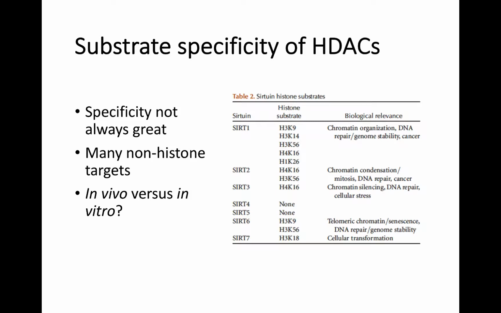In addition to target sites on histones, many HDACs have non-histone targets as well. Clearly defining target site preferences for HDACs and other chromatin modifiers is often difficult, as they are assayed in isolation in vitro studies, but function as part of large protein complexes in vivo.